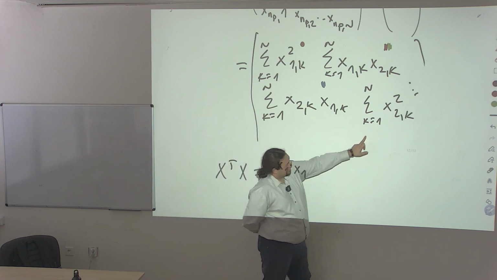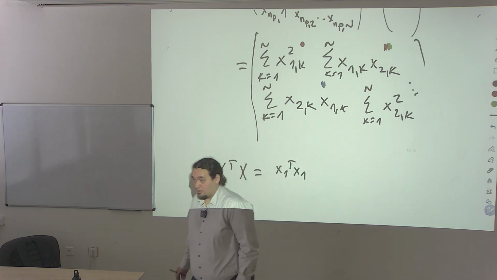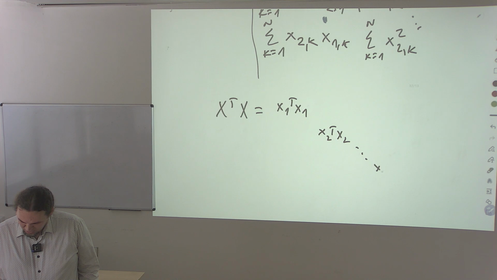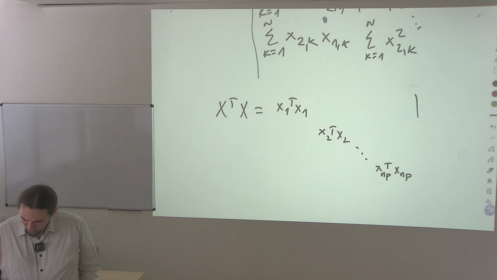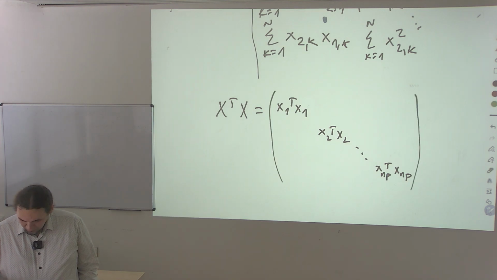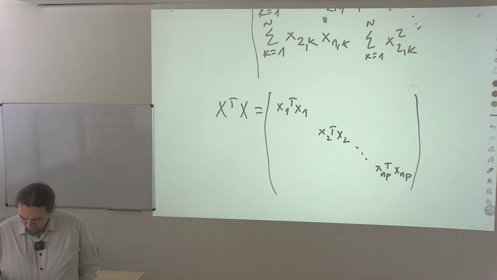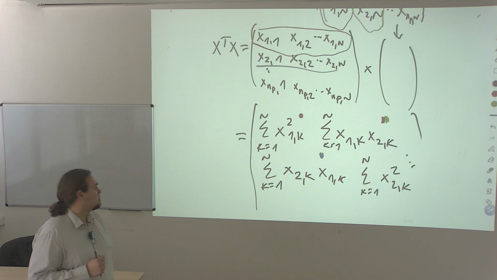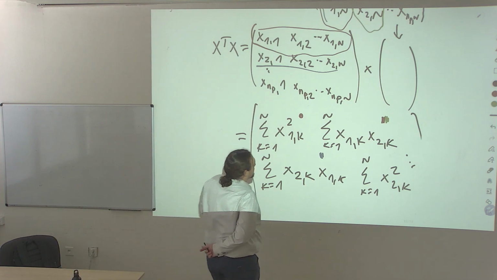And the same way we can start to fill the diagonal. x1 transpose x1, x2 transpose x2, until x of the number of parameters, number of variables. This is how our diagonal is going to look.